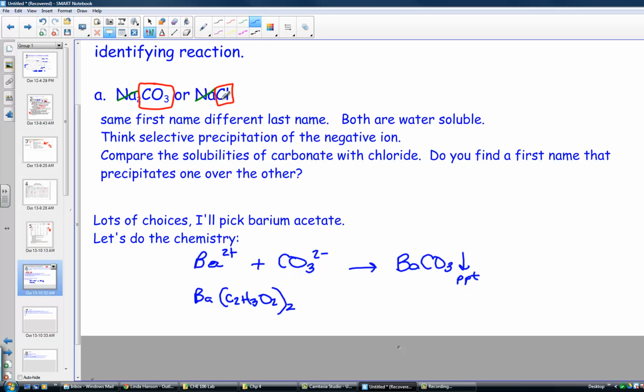Of course, barium acetate with sodium chloride, no reaction. Based on observation, if the chloride is present, we would not see a precipitate, and if the carbonate is present, we would see a precipitate. So the power of observation would let us decide which of the two salts was present in the jar.